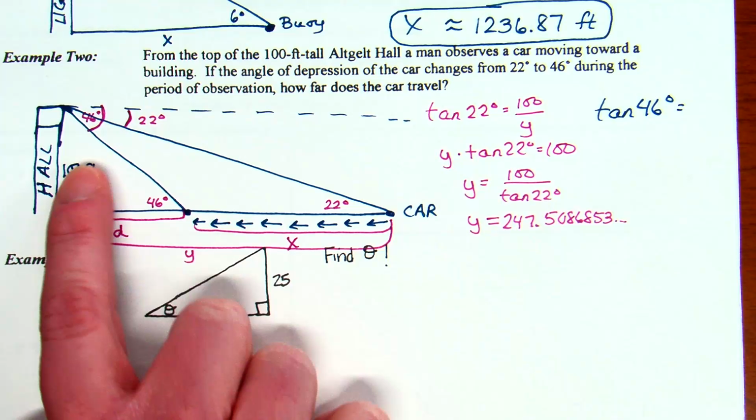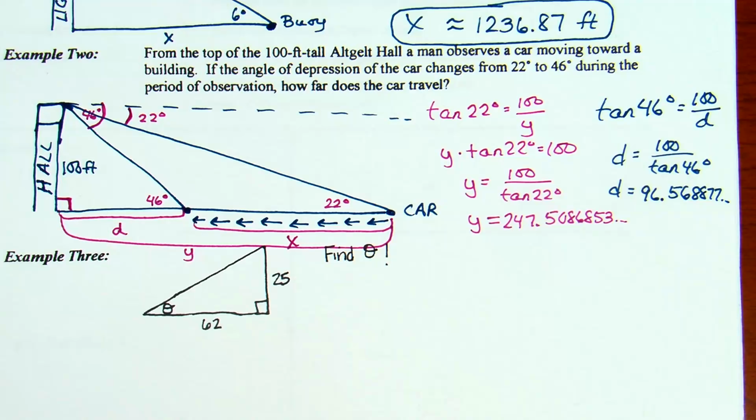Y is this 247 number, minus d is this 96 number, and approximately 150. I have 150.9398078. As long as you're good to two decimal places, 150.94.